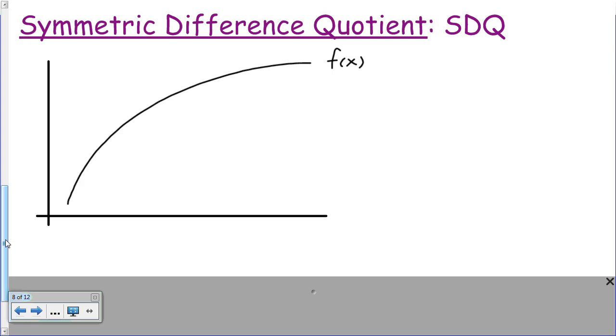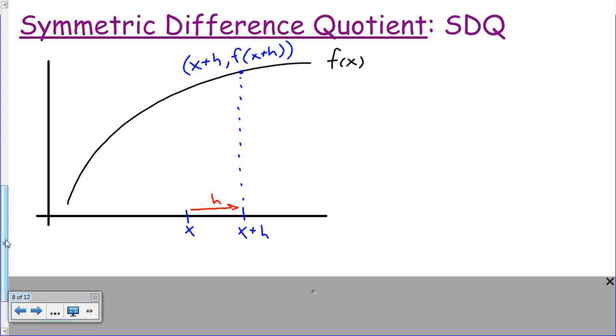This time I'm going to pick some point x here, like I've done before, but because it's a symmetric difference quotient, I'm going to move forward from x some distance h, and that will give us this point right here. We'll call it x plus h. And of course I can name that point up here on my curve as x plus h, f of x plus h.